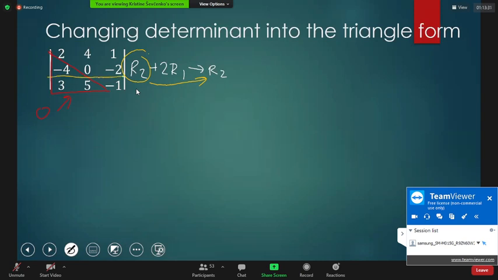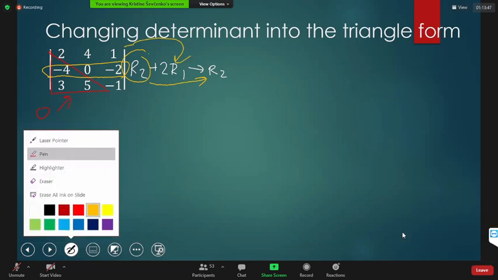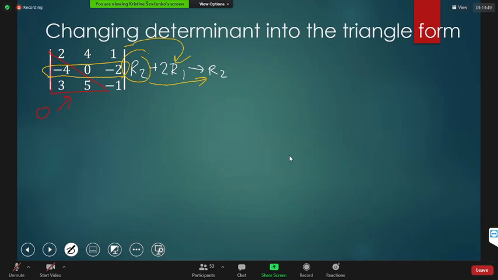Remember, driving nails into a board. So 2, 4, 1, the first row is the hammer. The second row is the board. It stays where it is, and we only work with the hammer, if you like analogies. So 2, 4, 1 at the moment stays as it is.